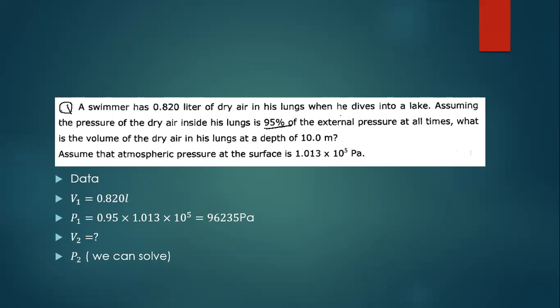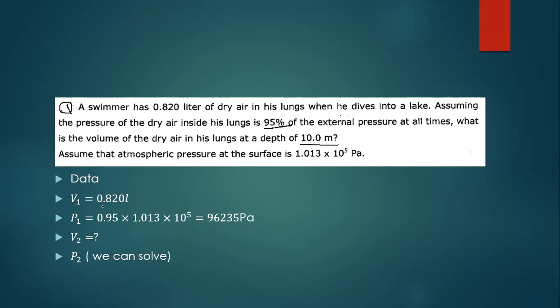We'll see how we are going to use this idea. The question is, what is the volume of dry air in his lungs at a depth of 10 meters? So we are talking about water, and we know that when we go deeper in water, pressure increases. So from there, we can pick it up.